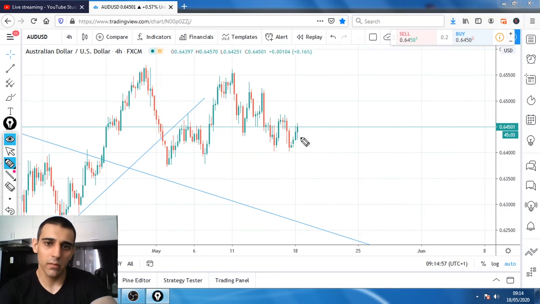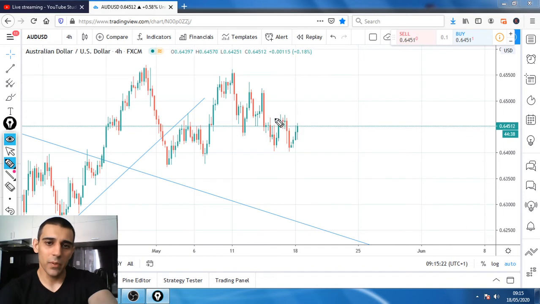So we can see 1, 2, 3, 4. It took 3 4-hourly candles to recover this 1 4-hourly candle. When the price does that, it generally means there's going to be a continuation towards the downside, because we put in this nice 4-hourly bearish candle and now it's coming up.